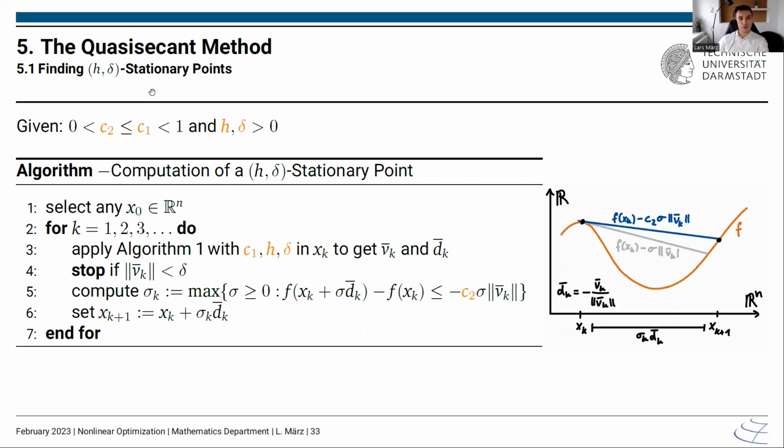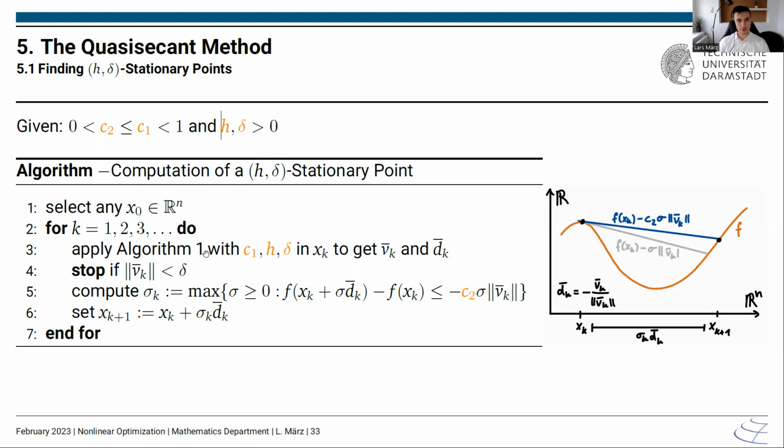So how do we find such points? Now, in addition to C1, which we considered before, we now also have C2, which is a constant bounded above by C1. And again, we have a positive delta, and H. So this is just the usual line search procedure you might be familiar with from nonlinear optimization.